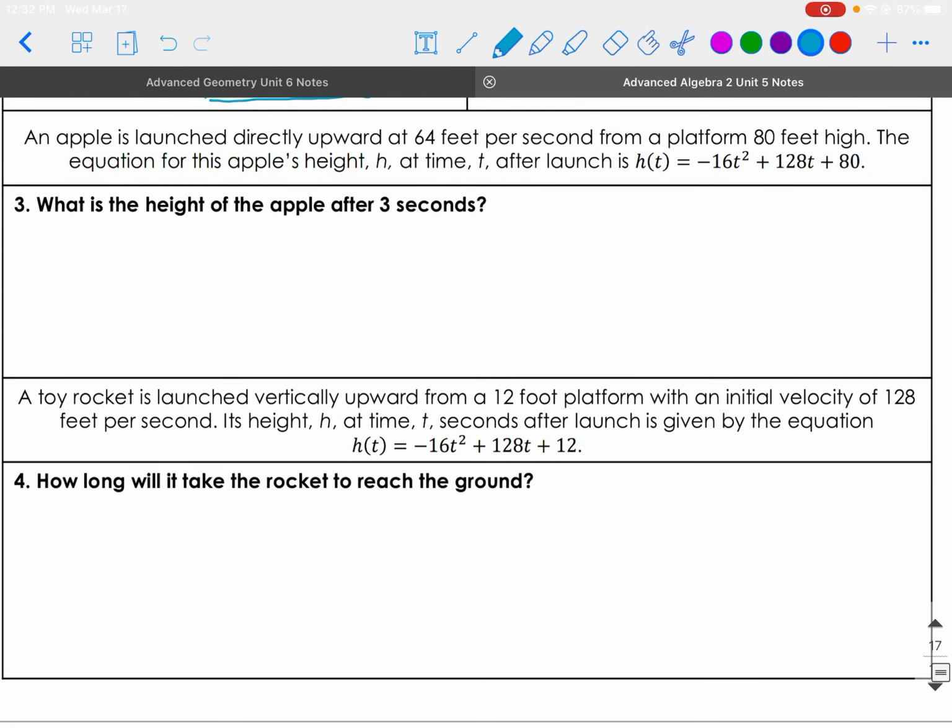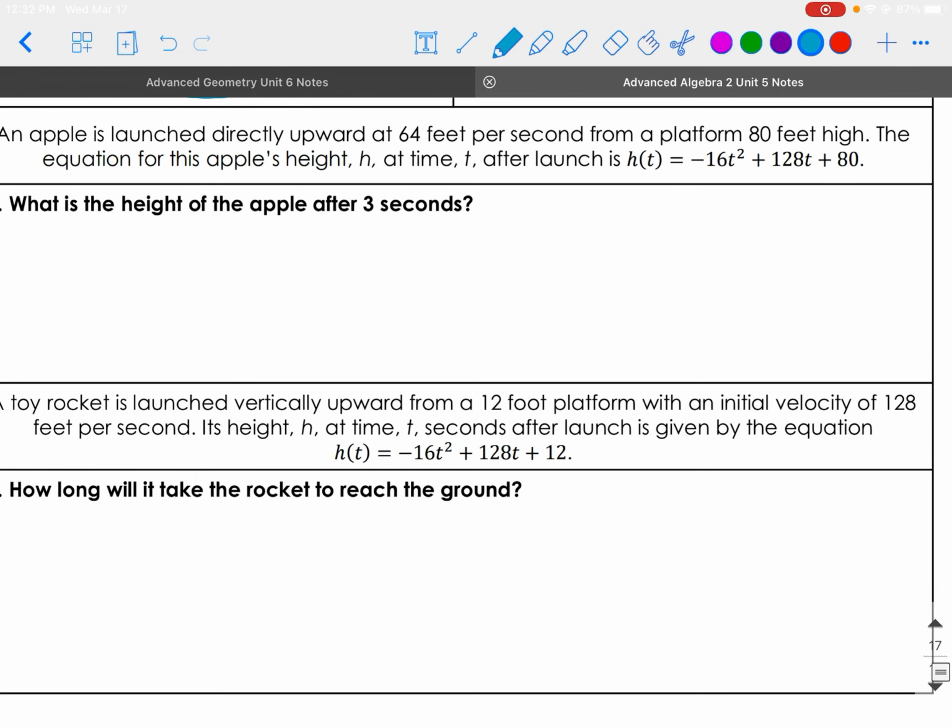Next one. An apple is launched directly upward at 64 feet per second from a platform 80 feet high. So this formula is wrong here. This right here should say 64t because it's 64 feet per second. And then the platform is 80, so that's our starting height.